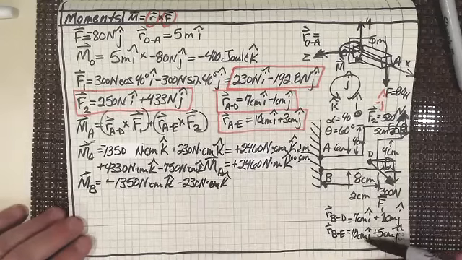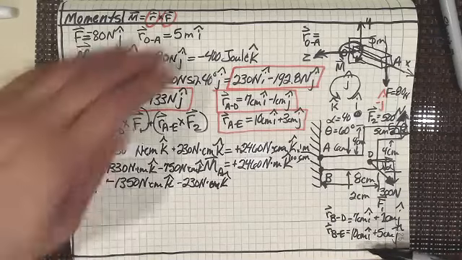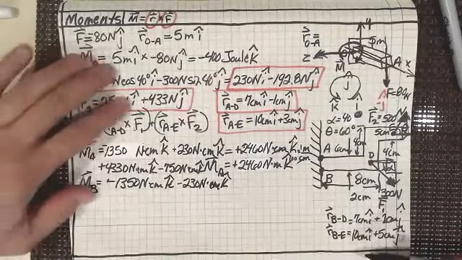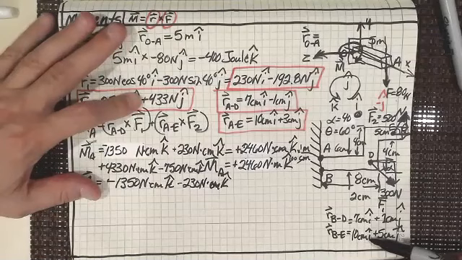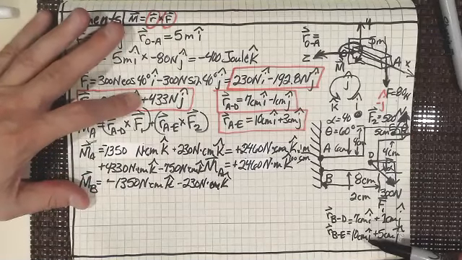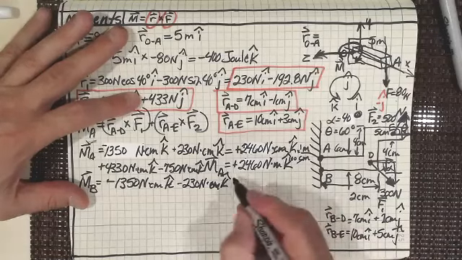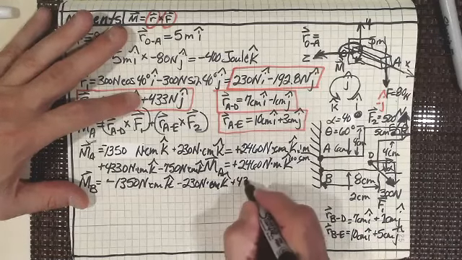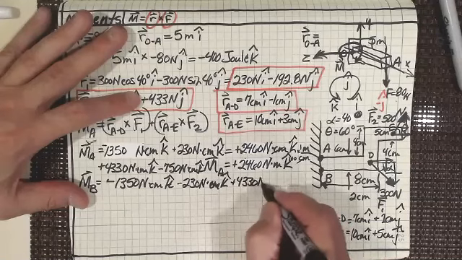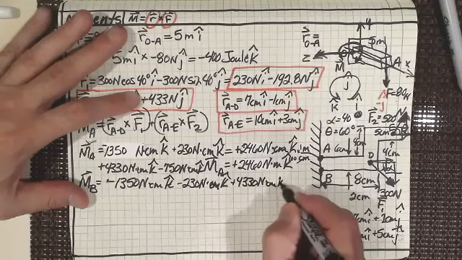And then let's do the other one, 10 centimeters I hat times 430 newtons. It's still the same as it was before, 433, because it's I cross J, so plus 4,330 Newton centimeters K hat.